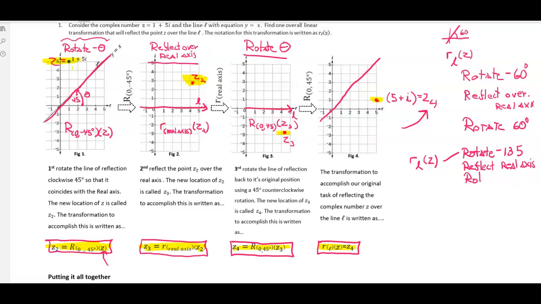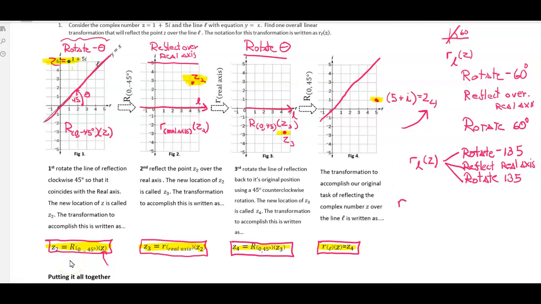Rotate positive 135. And that's how you would accomplish those 3 things. You see the pattern there? Yeah? Questions on that? All right.